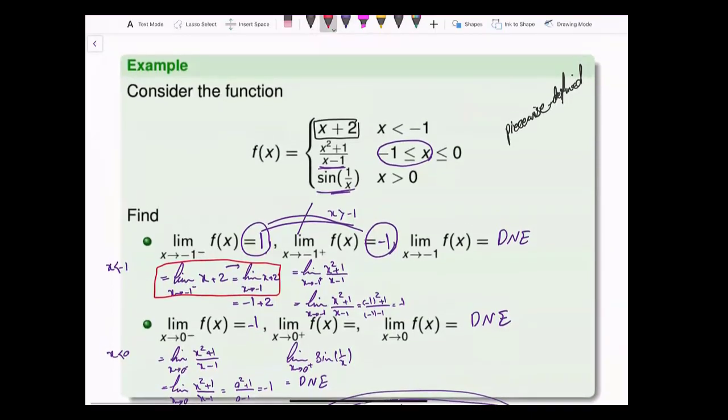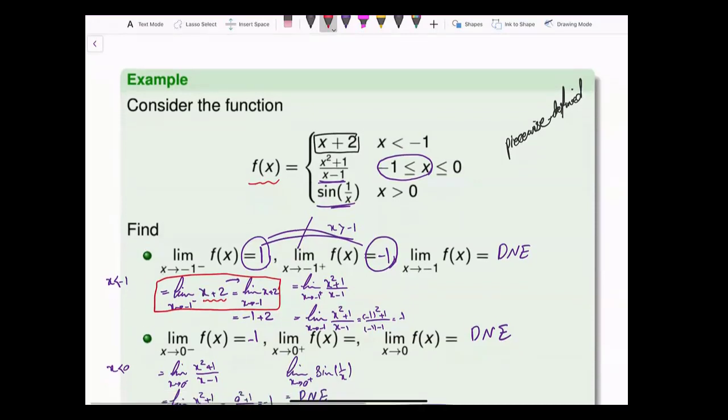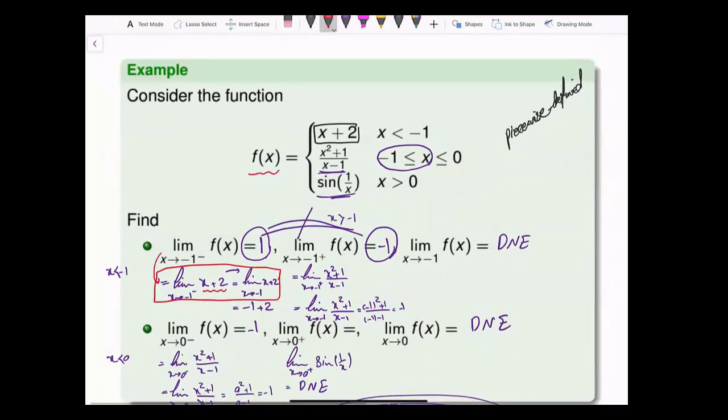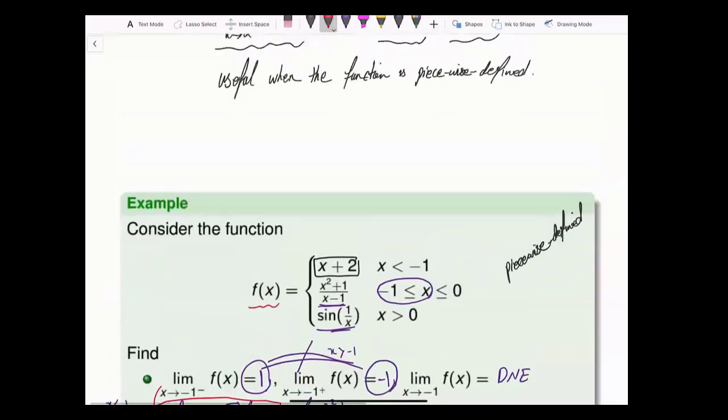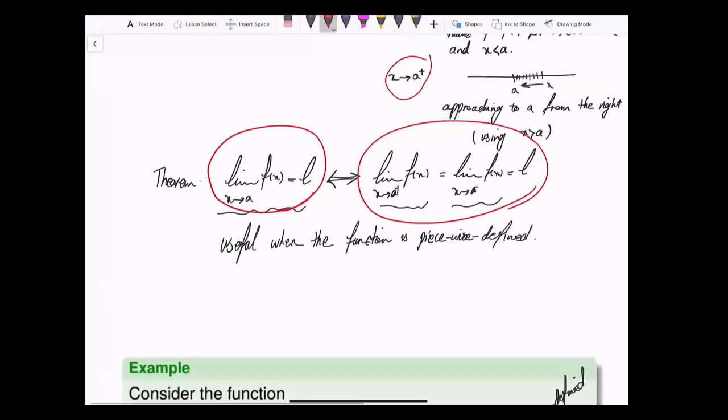Yes, sure. This is something interesting: when you're dealing with the function f here, you have to be very careful what is left, what is right. But when you put this x plus 2, this is now a completely different function. It is a polynomial, and we know that polynomials have limits. And a function, if it has a limit, the right limit and left limit are going to be equal.